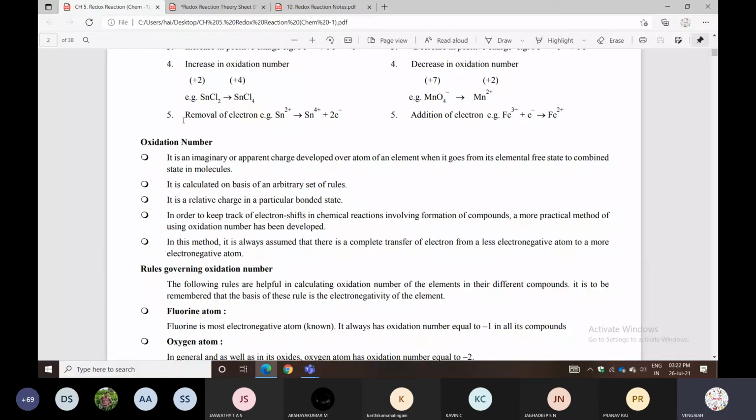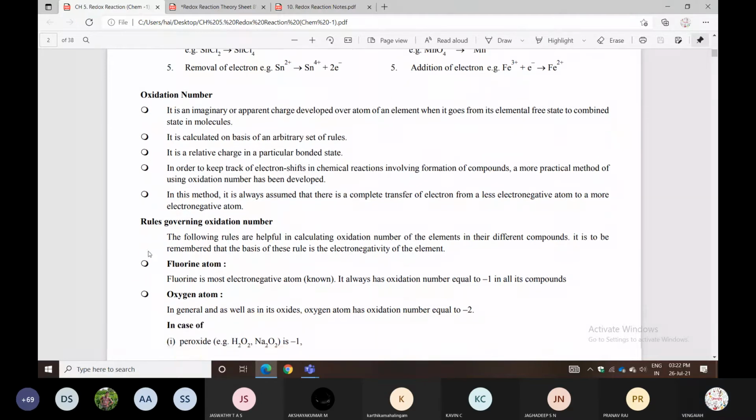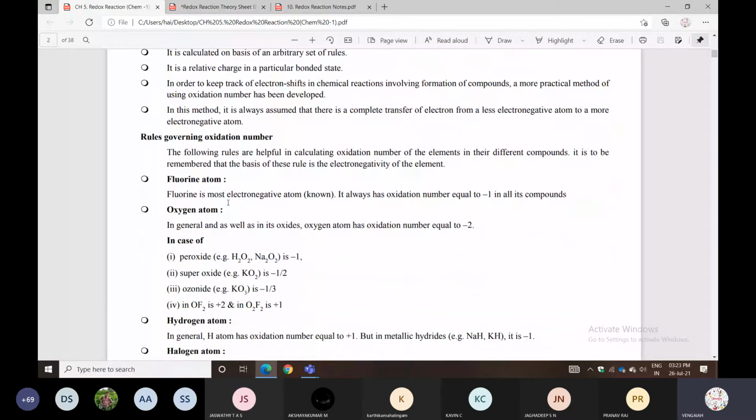It is calculated on the basis of some rules. Fluorine is always -1. Oxygen is always -2.